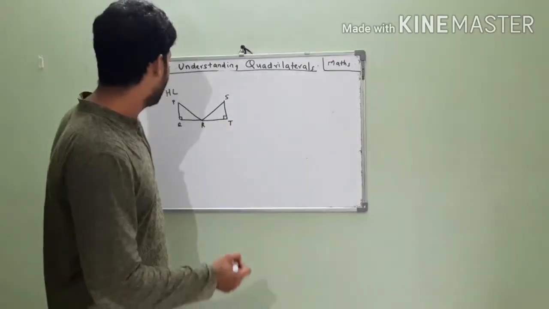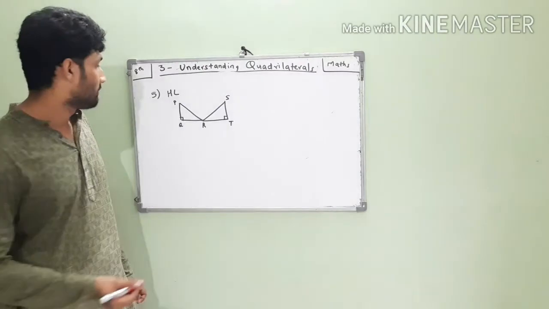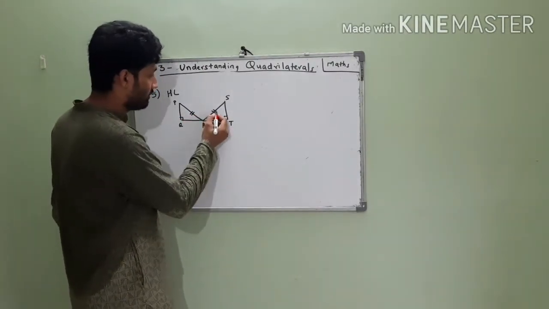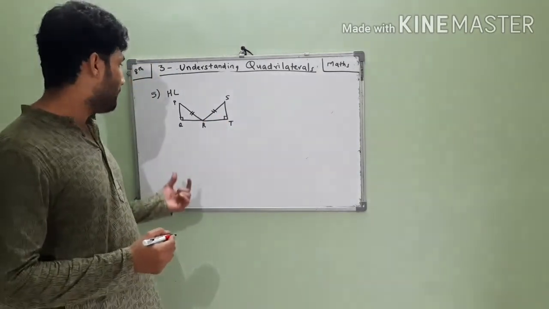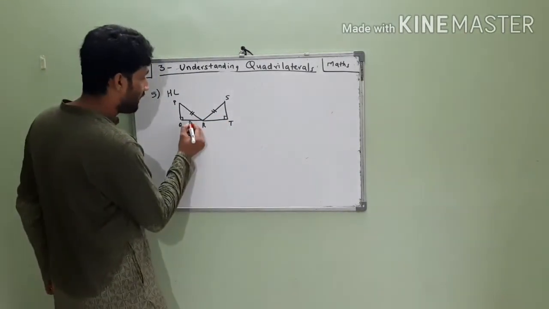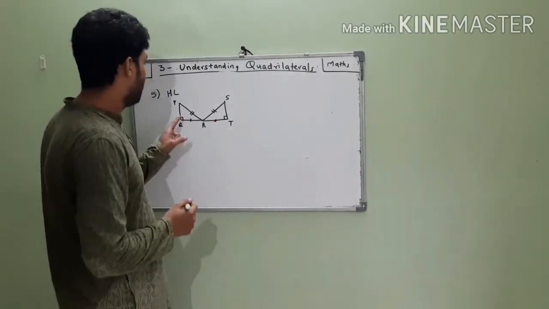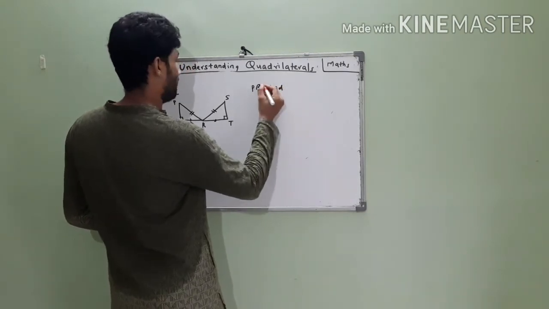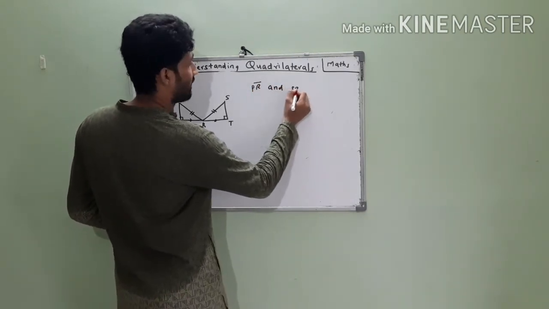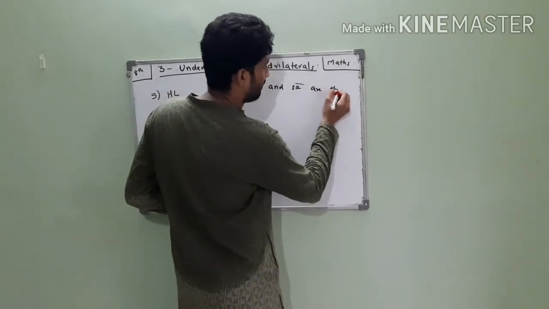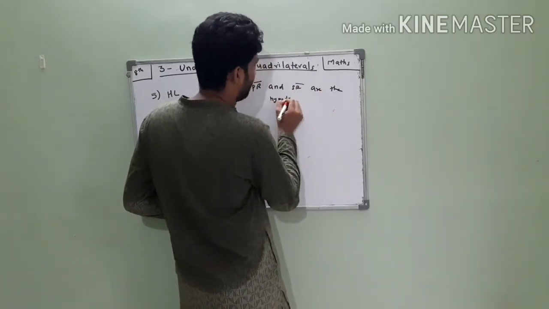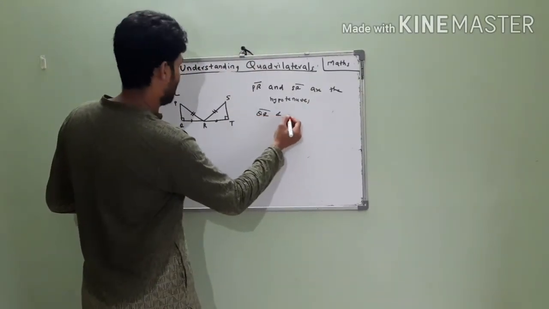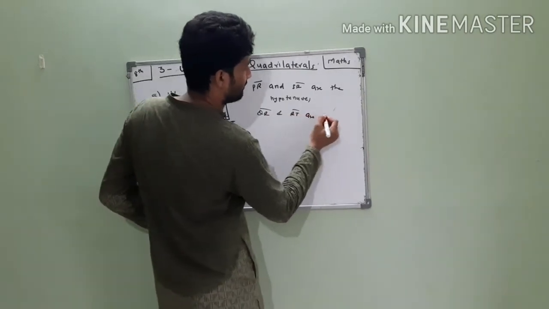It says that if in a given right angle triangle the hypotenuses are equal and the legs are equal, so line segment PR and line segment SR are the hypotenuses, and QR and RT are the legs.